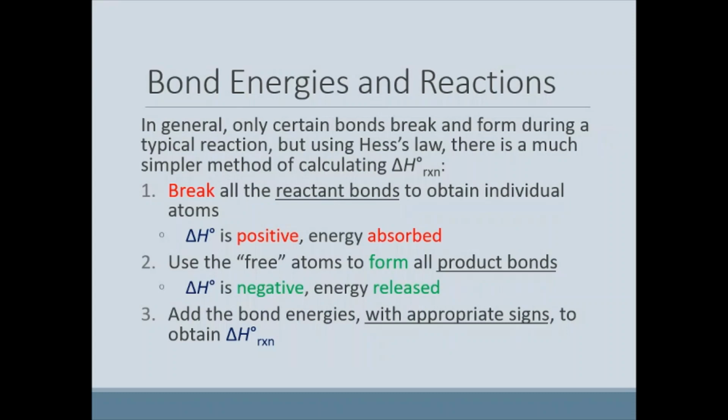And so again, bond formation is going to be an exothermic reaction, or your delta H values, your bond energies, need to be negative. Once you know the amount of energy required to break your bonds and the amount of energy that's released whenever you form your bonds, you add them with the appropriate signs in order to get the delta H of your reaction.